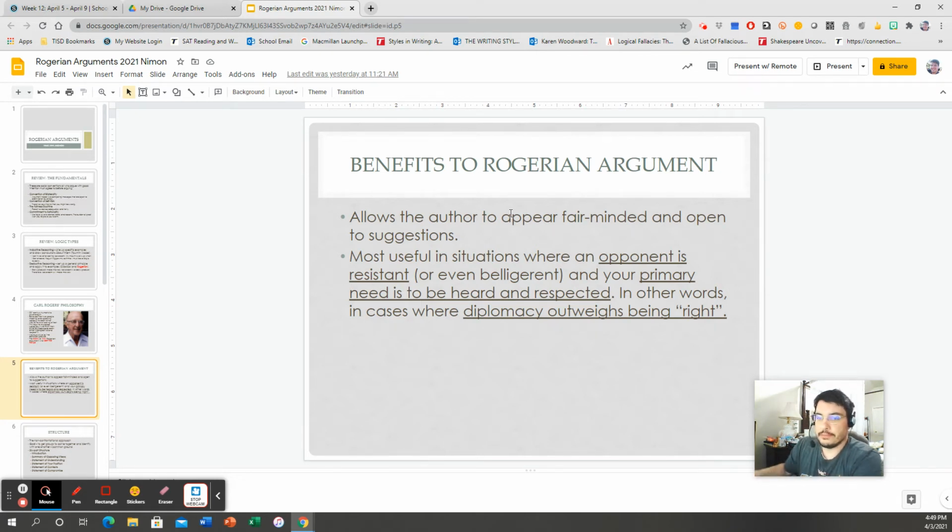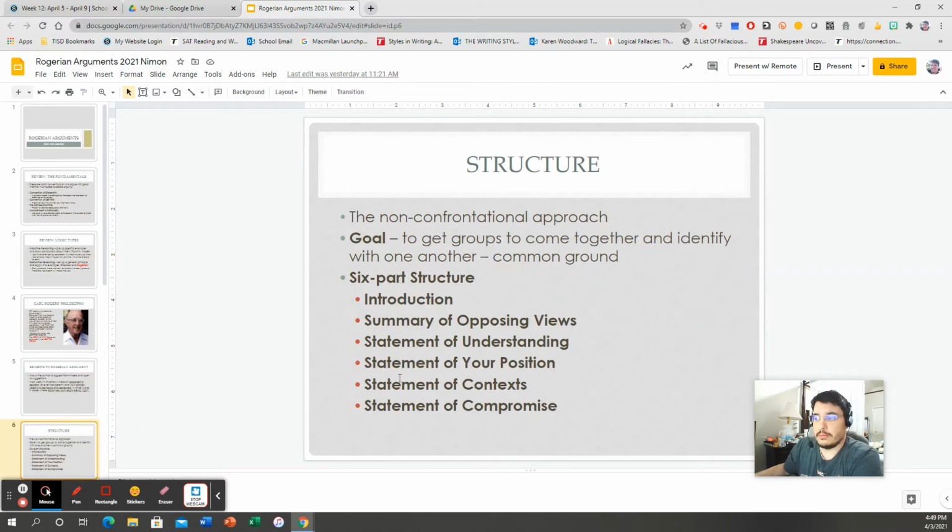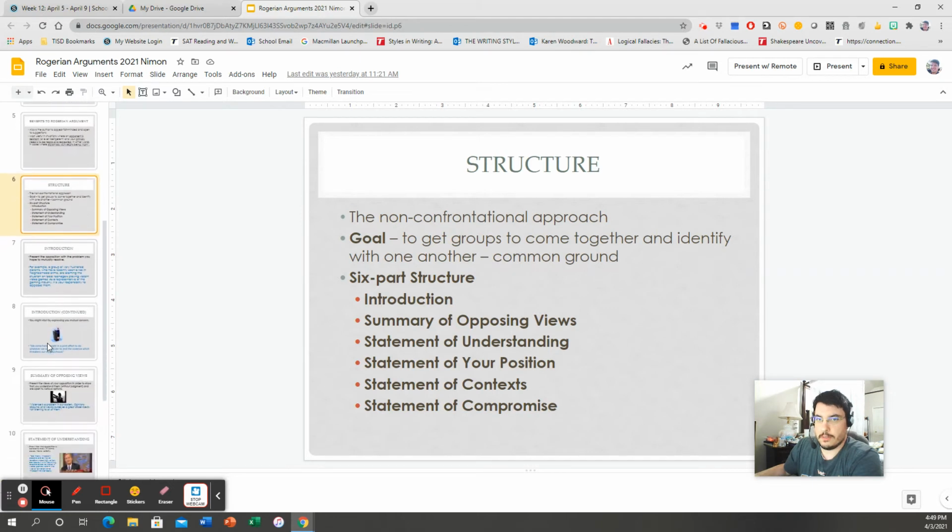Okay. And just like any other argument system, there is a structure. And in this particular type of argument, there is a 6-point structure. You're going to see this structure in any good Rogerian argument. It should follow this blueprint.